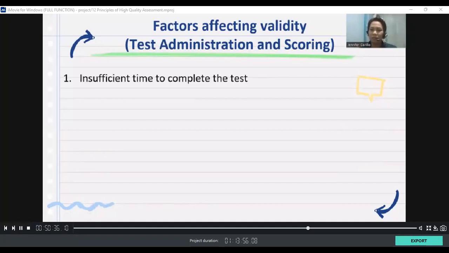Insufficient time to complete the test. Time is an element in a test. All tests are considered time-pressured. For example, our prelim is only 1.5 hours. Students are tested in that specific time, so we can see who has mastered the material. Some students would need extensions to finish, so this is a factor that should be avoided, so that we can see how well the student has mastered answering the test.